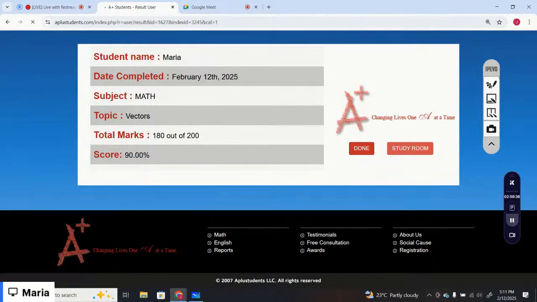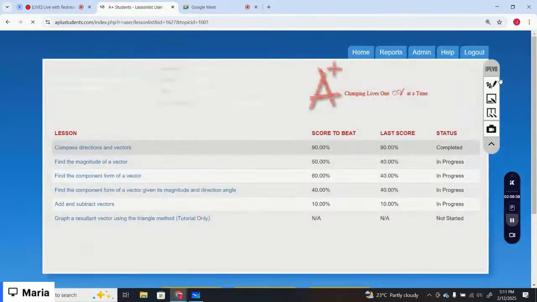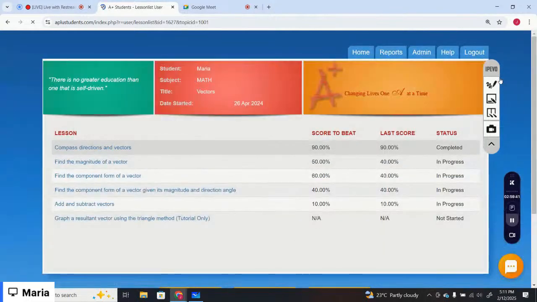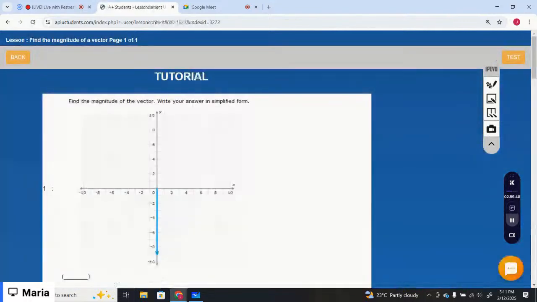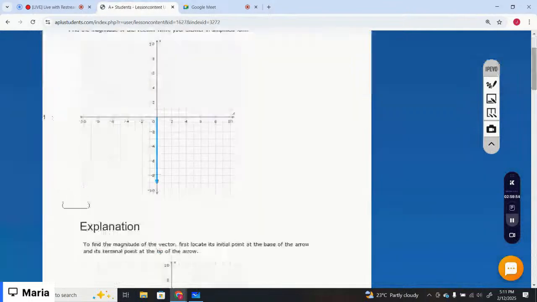The next lesson is magnitude of a vector. Find the magnitude of the vector. Write your answer in simplified form.